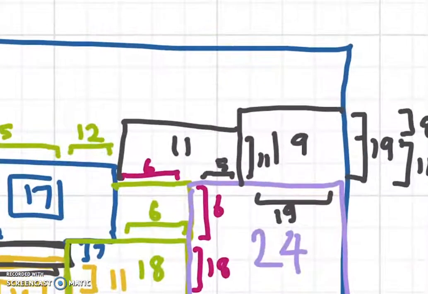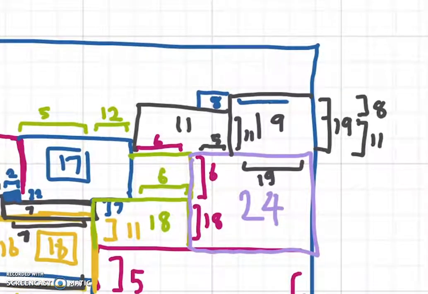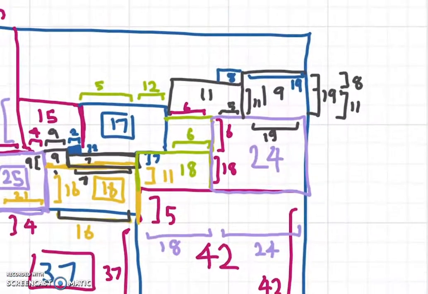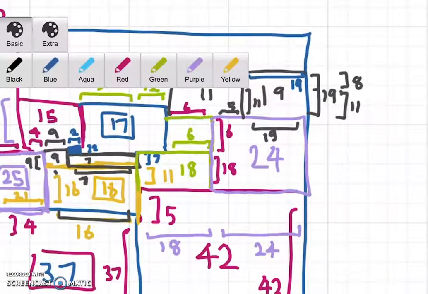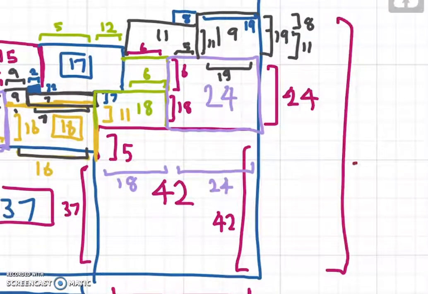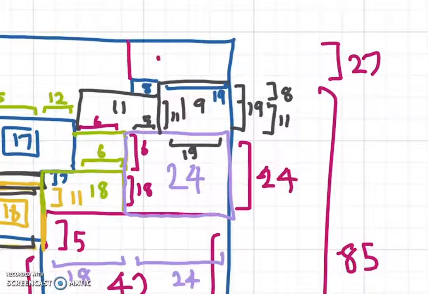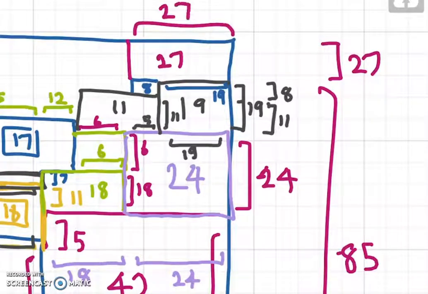This means we'll make a square of side length 8 over here. And this is 19. 19 plus 8 is 27. So I'll attempt to draw a square of side length 27. And also 42 plus 24 plus 19 is 85. So we have 85 here. And in fact, if we add 27, we'll get the full 112. So we'll be able to fit a 27 square here.